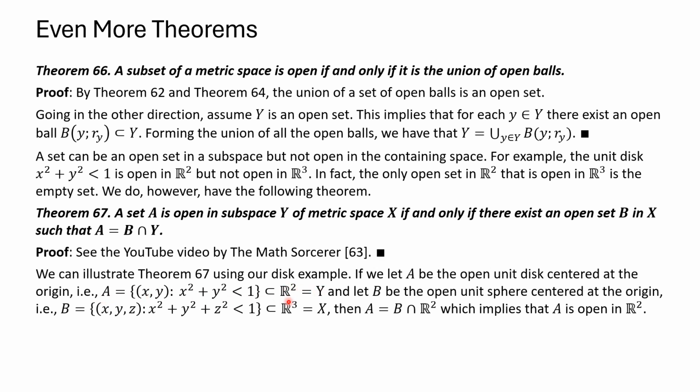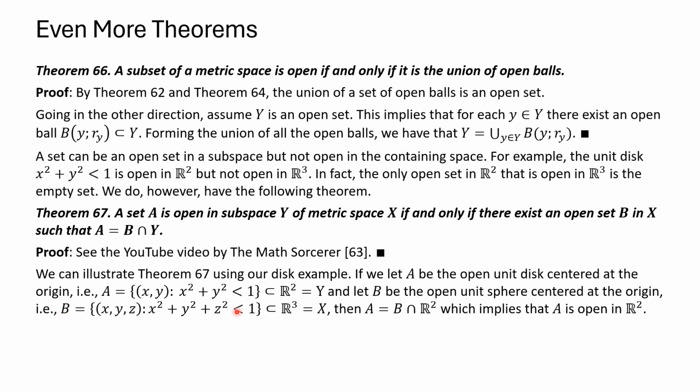So we have A and Y. Then we want to find the B such that when we intersect that with Y, we get A. So B has to be in our set X. In our case, we let B be the open sphere centered at the origin.